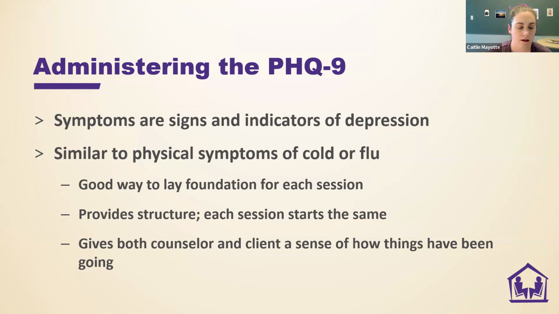Okay, so one FAQ that comes up not infrequently is, what if the client says that their PHQ-9 symptoms are caused by something else, like other chronic conditions? You can remind them that the PHQ-9 is determining the symptoms of depression themselves, not what caused them. So it's okay if somebody has a knee injury that's been giving them trouble for 20 years, and it's a lot of pain, and they can't move because of that.